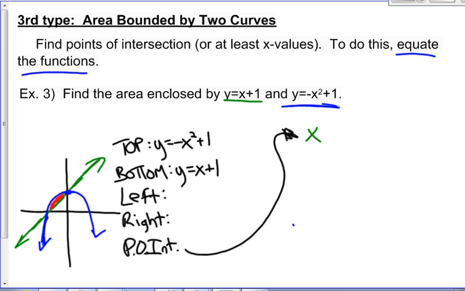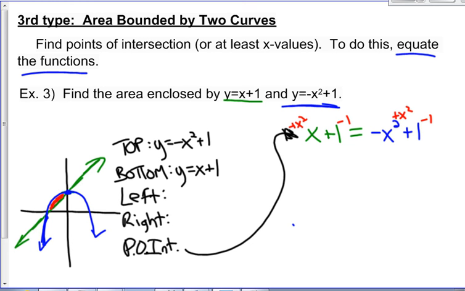X plus 1 equals negative x squared plus 1. That's going to give us the x values that give the same y on both curves. Let's solve this. I'm going to subtract 1 from both sides. I'm also going to add x squared to both sides.